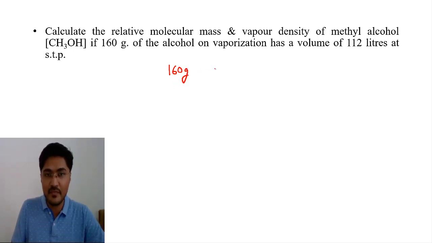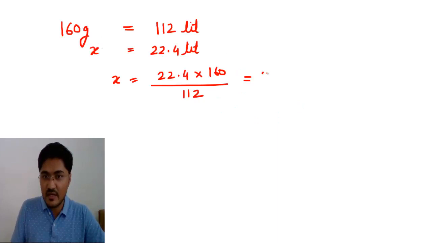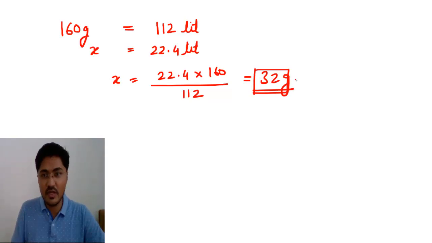160 grams will occupy 112 liters. So 22.4 liters will occupy X. So X will become 22.4 into 160 divided by 112, which becomes 32 grams, and this is the molecular weight of that particular gas.